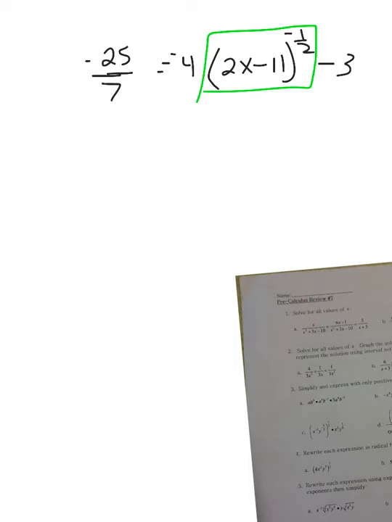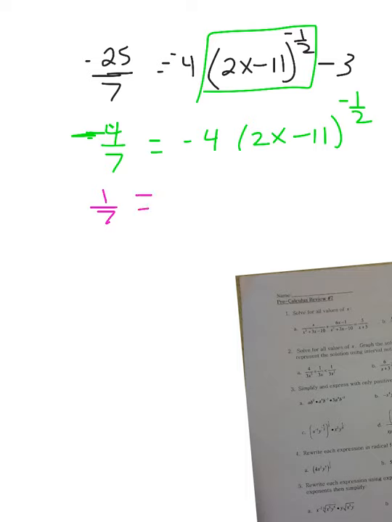Negative 25 over 7 plus 3 is negative 4/7 equals negative 4 times 2x minus 11 raised to the negative 1/2 power. Divide both sides by negative 4, and I get 1/7 equals 2x minus 11 raised to the negative 1/2 power.